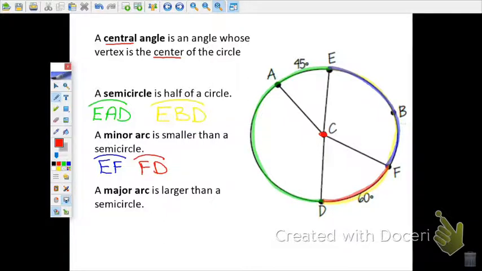So when we look at those minor arcs, they are formed by these central angles. So if I'm looking at arc FD, the red arc, the angle that made that arc, or kind of cut that arc, is the red angle, which we would name angle FCD or angle DCF.